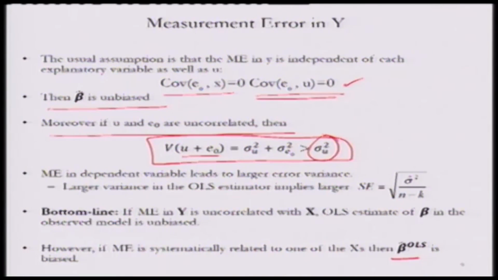So, what you saw is that if the measurement error in y is systematically related to one of the x's, then beta hat OLS is going to be biased. However, if we are considering only random measurement error, then we do not have a problem when the random measurement error is in y variable. We do not have a problem in the sense that the coefficient estimate of beta by OLS is unbiased. We might still have, of course, the coefficient estimate of alpha, which is biased.